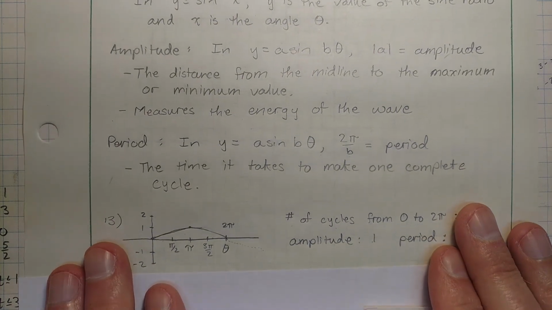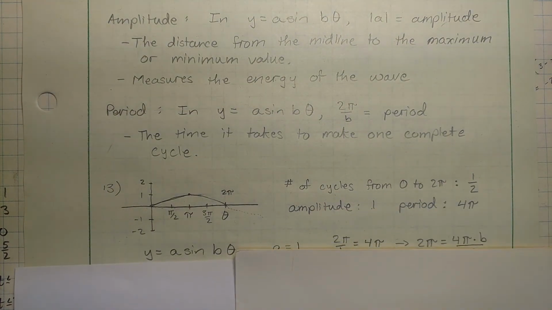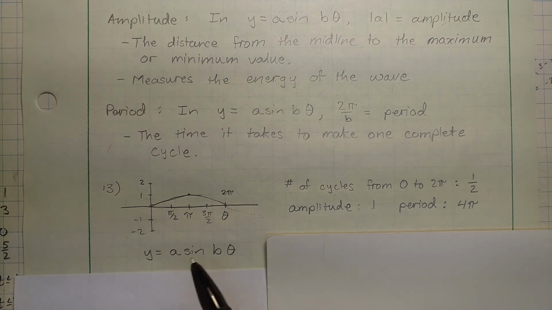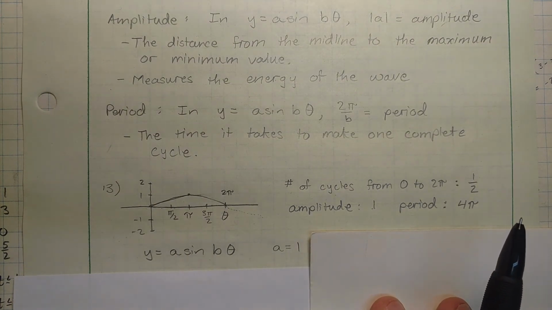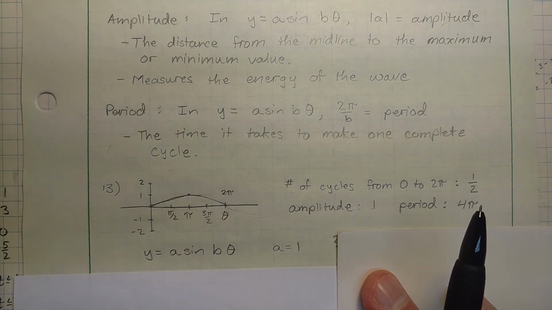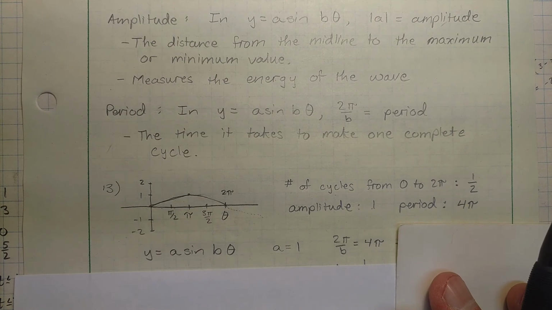And let's look at another example. Or at least let's look at if we can fill out this equation. It doesn't say to do this, but this will just help us. Let's see if we can fill in the equation. So we know the amplitude is 1. So we know A is going to be equal to 1. If the period is 4 pi, I know the period is 2 pi divided by B. That equals 4 pi.